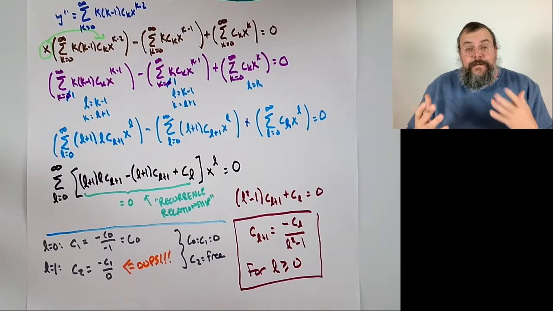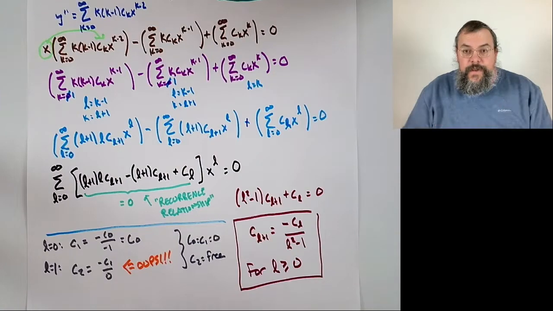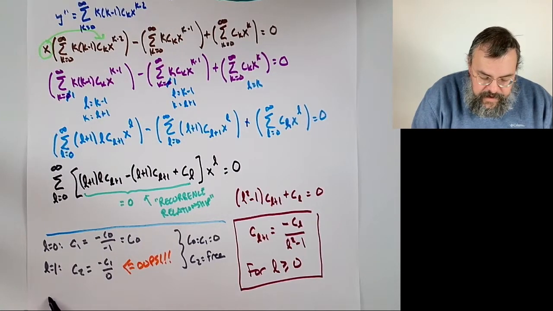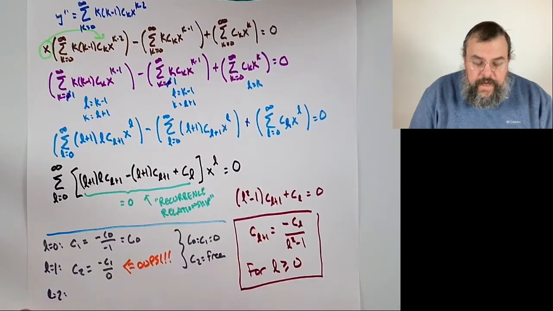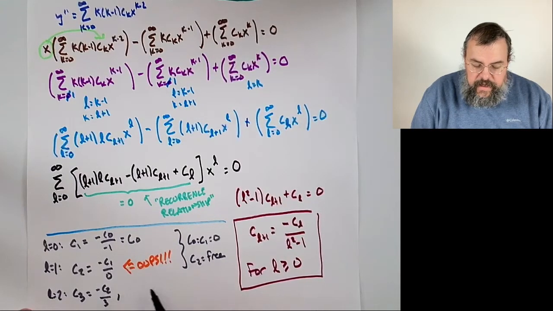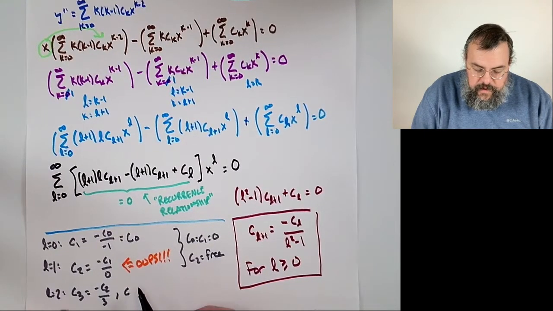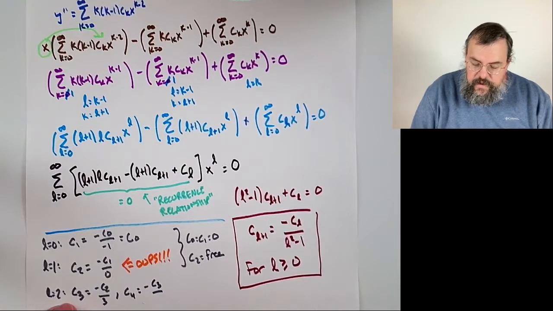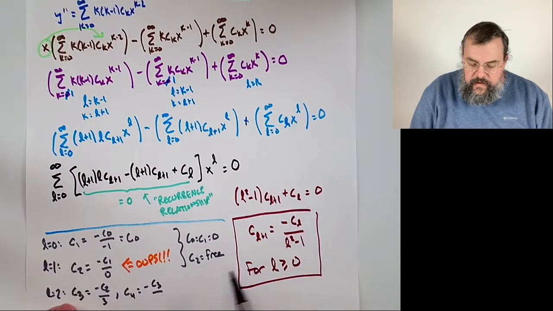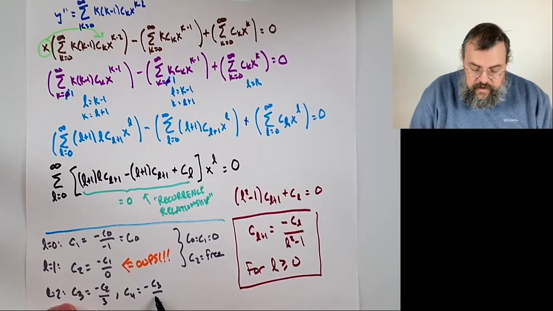Now what happens? Well, from here on out, you can keep going like you would normally. You can say, oh, okay, well, then from L equals 2, what would we have? We'd have C3 is minus C2 over 3. And we could say, okay, the next one would be L equals 3, which says that C4 is minus C3 over, let's see, so we're doing L equals 3, 3 squared minus 1 is 8.